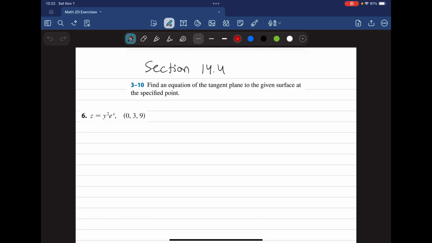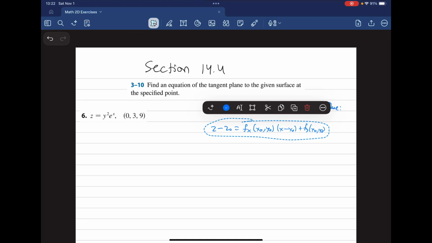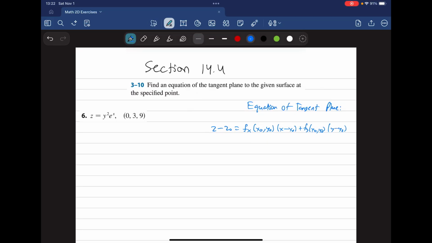Okay. So first, for this problem, we need to recall what the equation of the tangent plane is, which I'll write over here. This equation is z minus z naught equals the partial derivative with respect to x, evaluated at x naught y naught, times x minus x naught, plus the partial derivative with respect to y at x naught y naught, times y minus y naught.